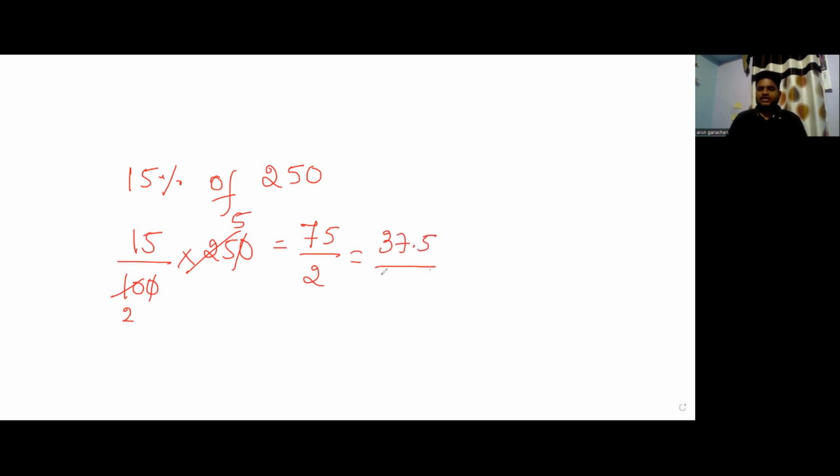Understanding what we did here? Just because we used this method, it became a little bit lengthy and a little bit confusing also. Otherwise, if we could have used a shortcut method, we would have got it differently.